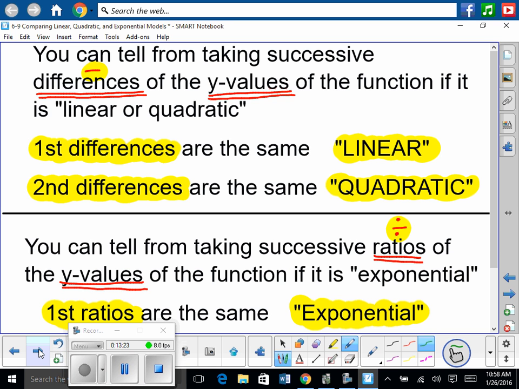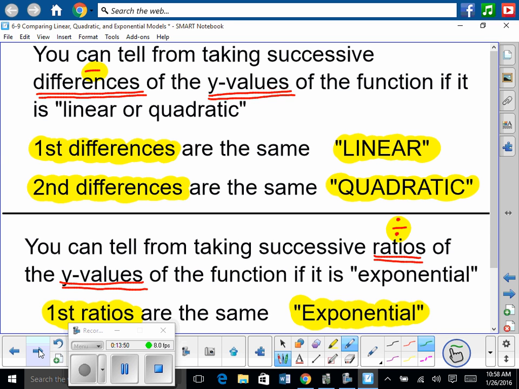Now, here are the steps I take, and how you can know if it's linear, quadratic, or exponential. The first thing to know is if it's linear or quadratic. What you're going to be given is a bunch of xy points, and you're going to focus on the y values. You're going to take the differences of your y values. So you're going to subtract your y values.